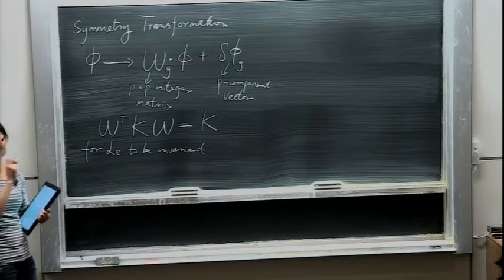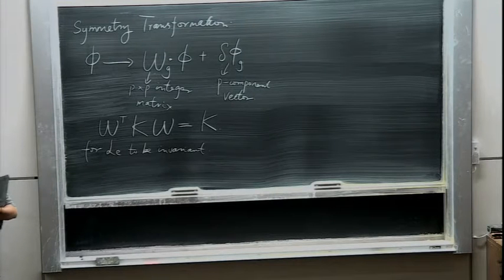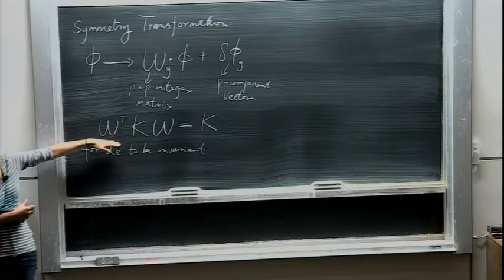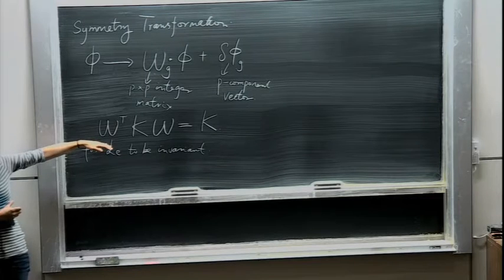You want this freedom to redefine K, redefine your anyons, charge assignments. If you take that degree of freedom into account, then any W matrix keeps the theory invariant, right?